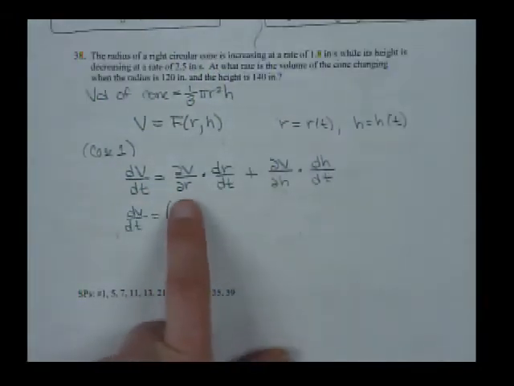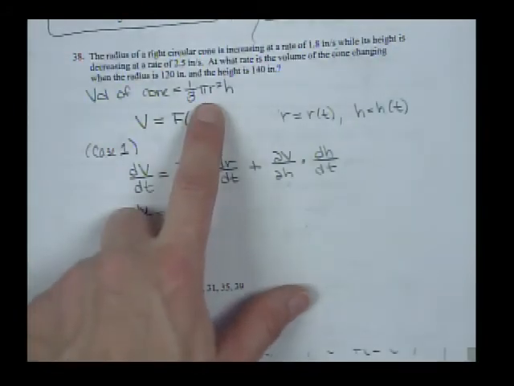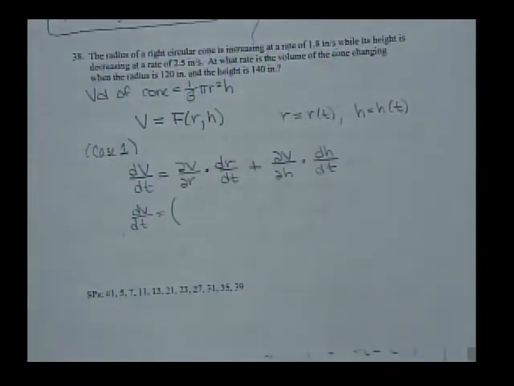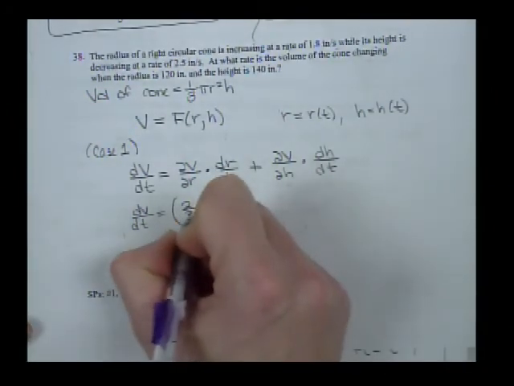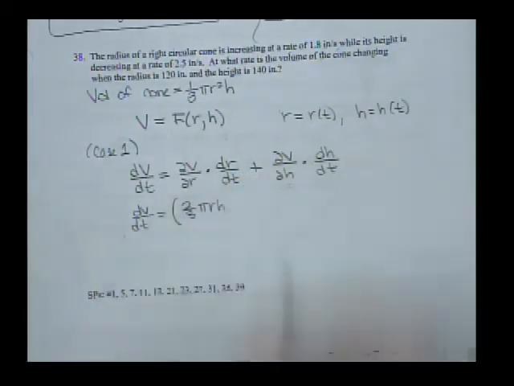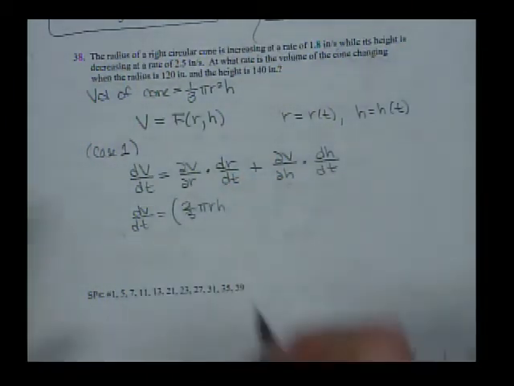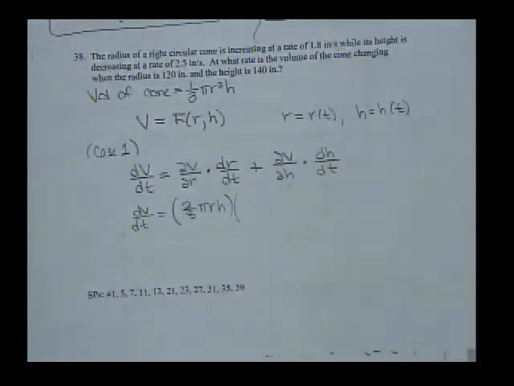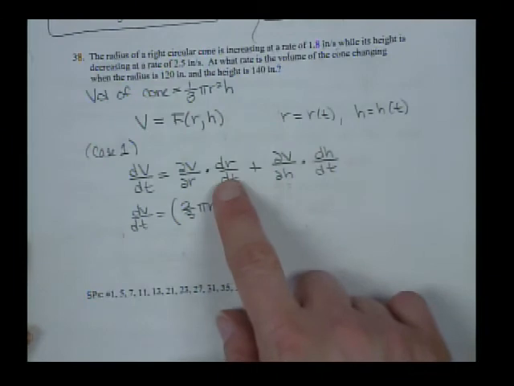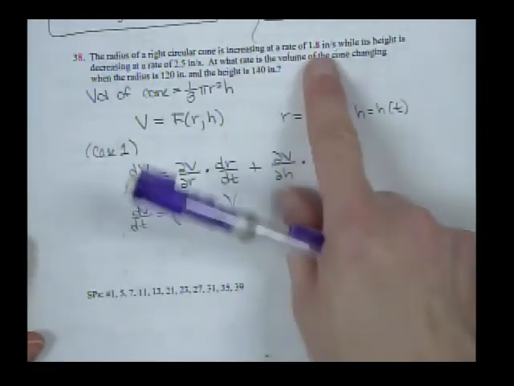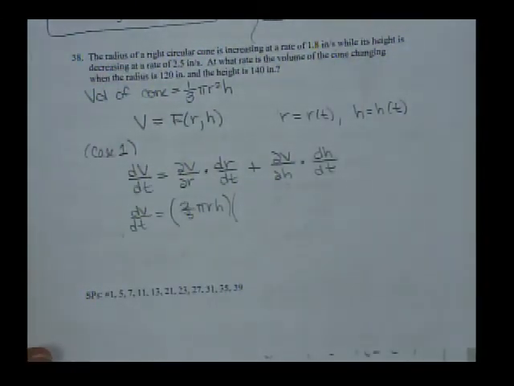So the partial of V with respect to r. So what are we going to get there? Right, 2/3 pi r h. And then dr/dt, well, we don't know what it is as an expression in time, but they tell us the radius is increasing at a rate of 1.8 inches per second.